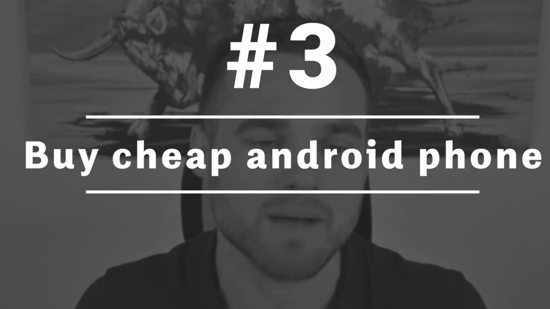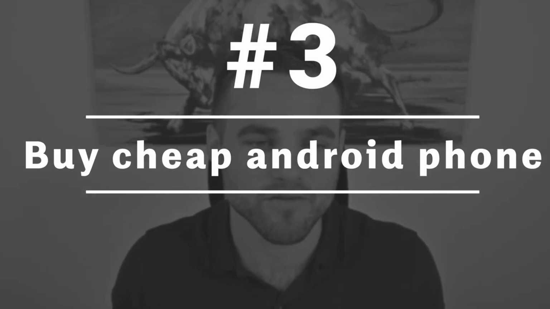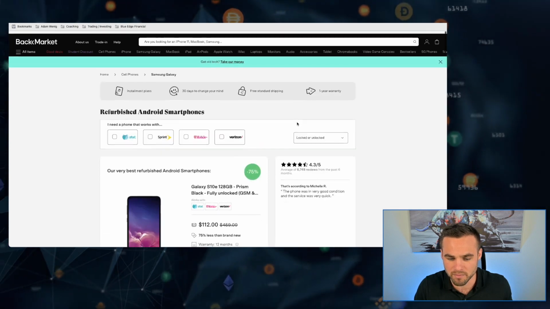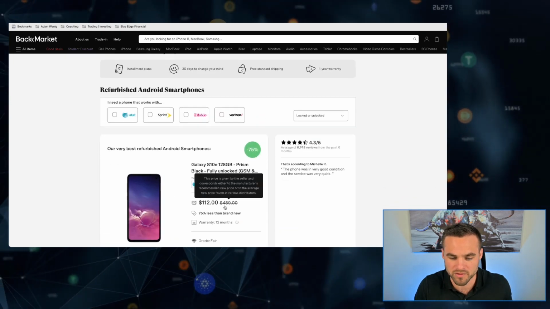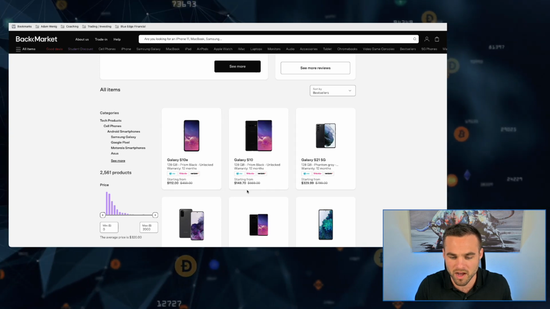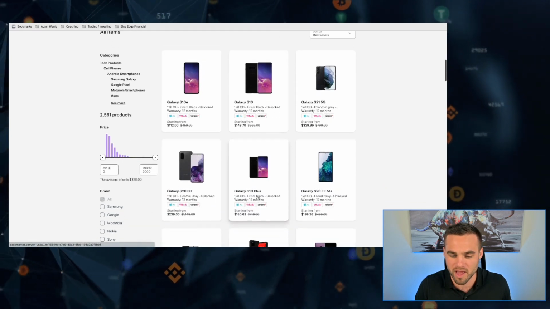And then the third thing, if you must absolutely trade on your phone, then just go buy a used or refurbished Android phone. Look, you could go to backmarket.com and you can get pretty good phones that are refurbished for like $100, right? You can see Galaxy S10e for $112, Galaxy S10 for $148.